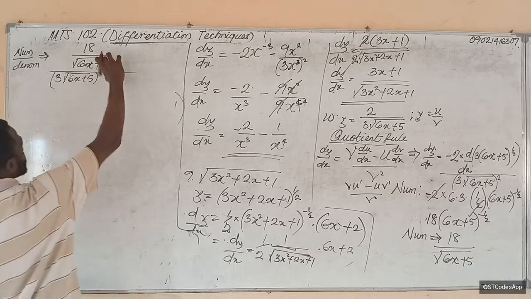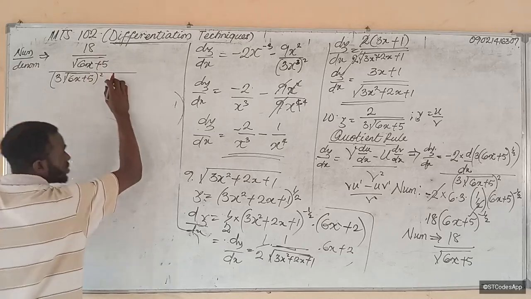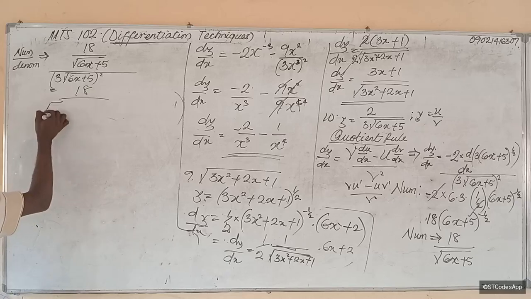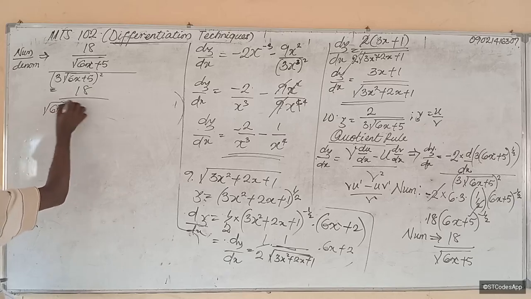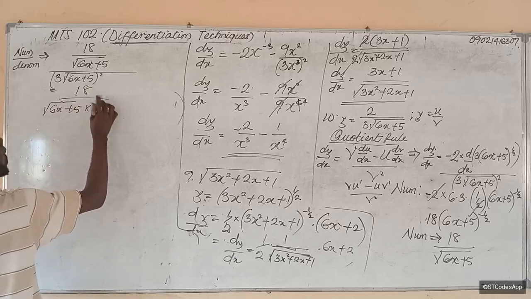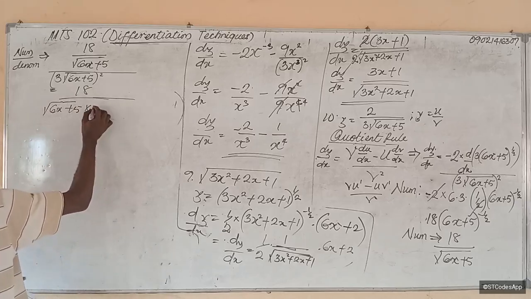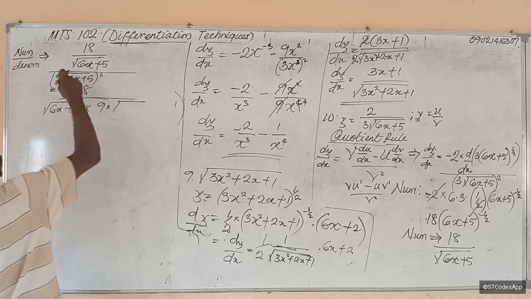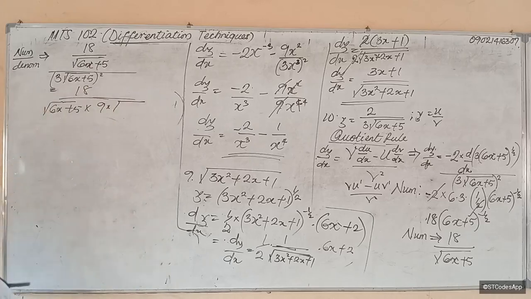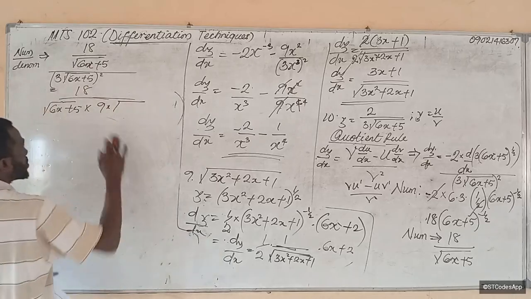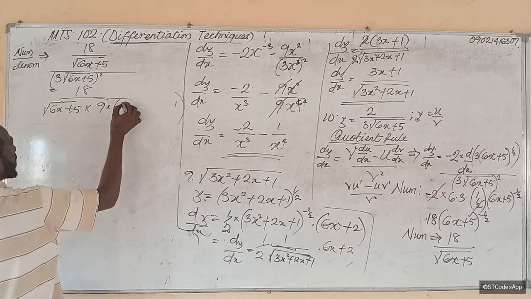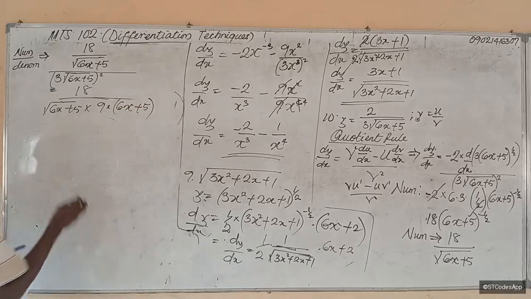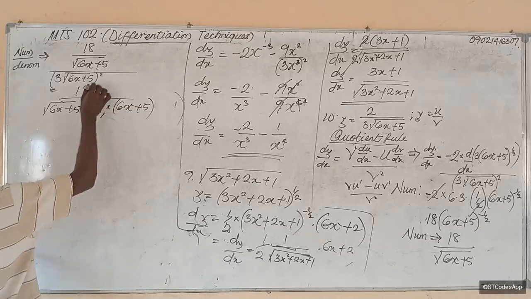So what we simply do is just merge these denominators so that we'll have 18 over root 6x plus 5 multiplied by 3. Now if you square 3, you have 9, then times root. This thing squared will take care of the power of the square root, right? So you have into bracket 6x plus 5. Does this make sense? So from here, in fact, you can cut here 1, here 2.